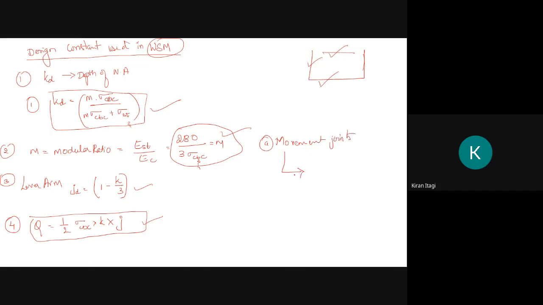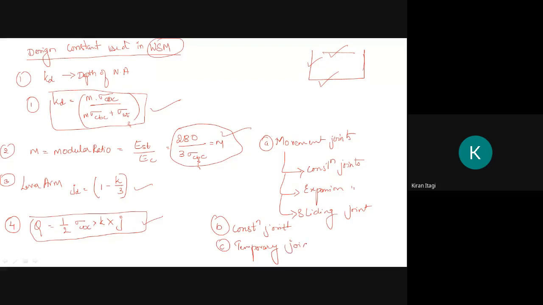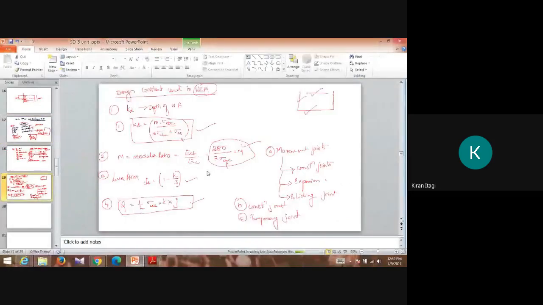In movement joints we have contraction joint, expansion joint, sliding joint, and then construction joint and temporary joints.